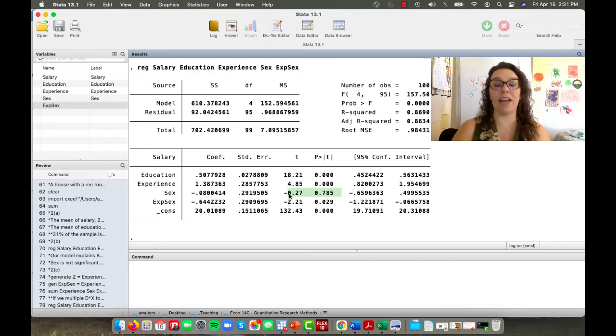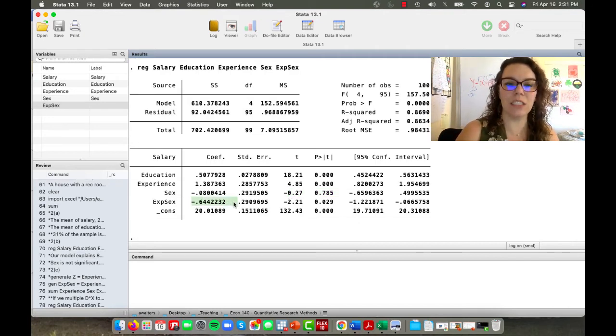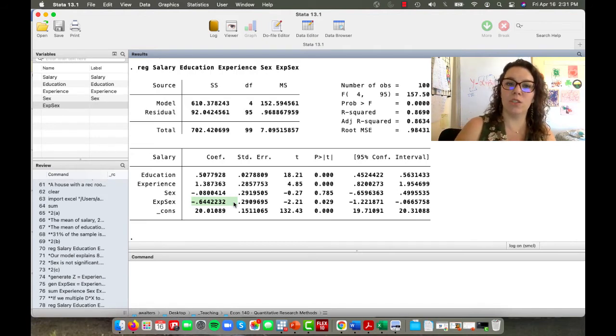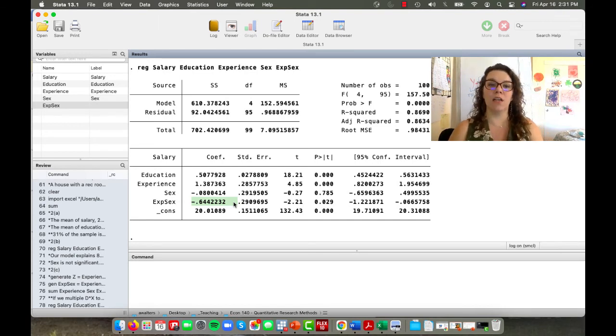It's not significant at the 1% significance level, but it is still significant with 95% confidence intervals and then 1% level. However, it's still a sign in the different direction than we expect. Being male is going to tend to decrease salaries by about $644 holding education and experience.